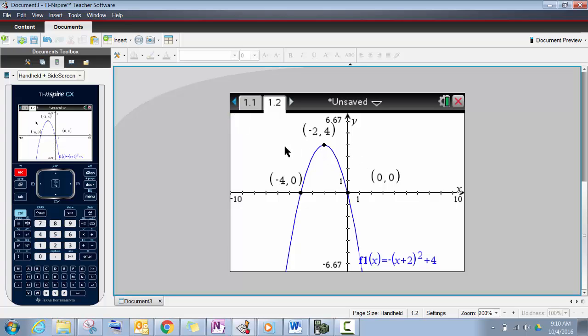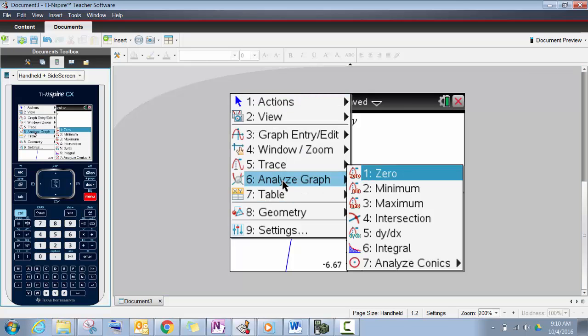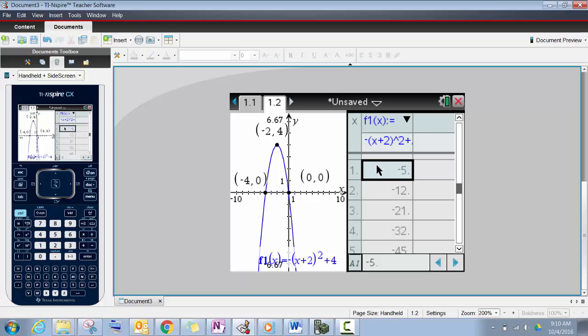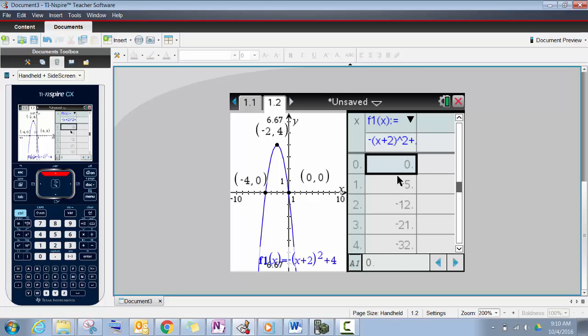So the best way to do this is table, split screen, and then you can just look to see where x equals 0. X equals 0 at y equals 0, and that's our y-intercept. There are a couple other different ways to do that, but that's the easiest way. That's how you graph using our technology, finding all our different things.